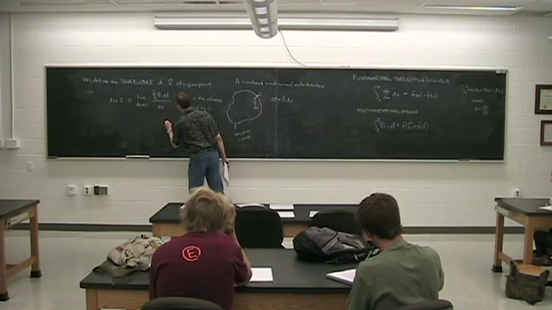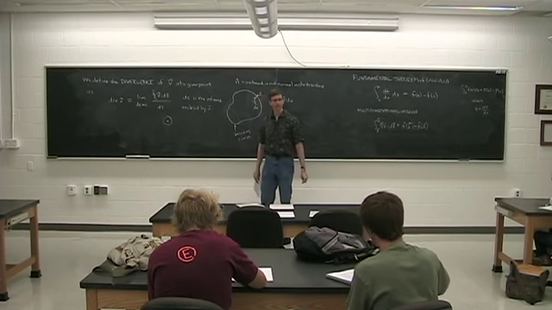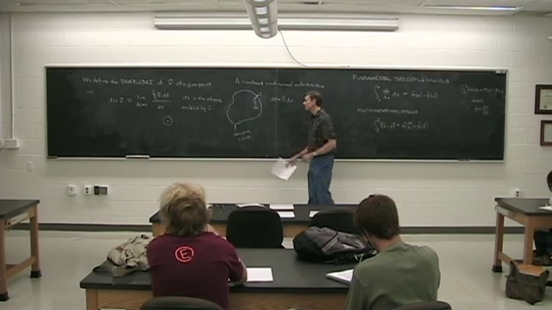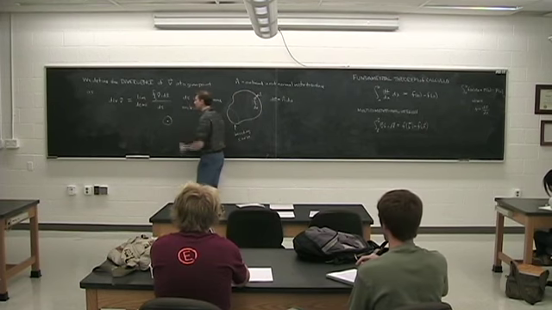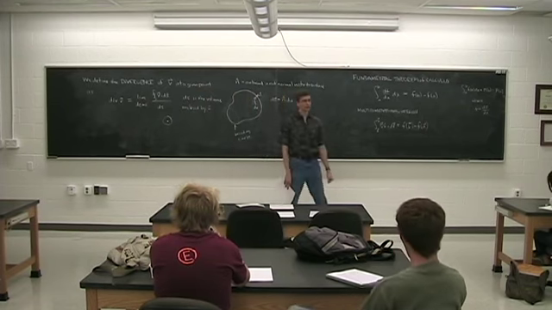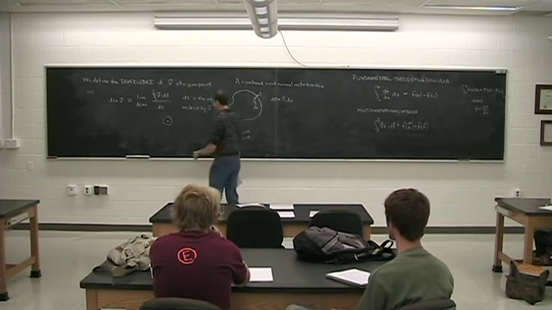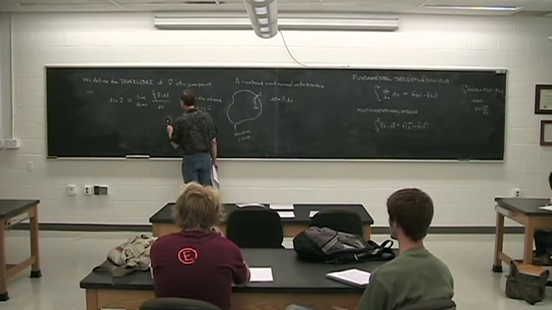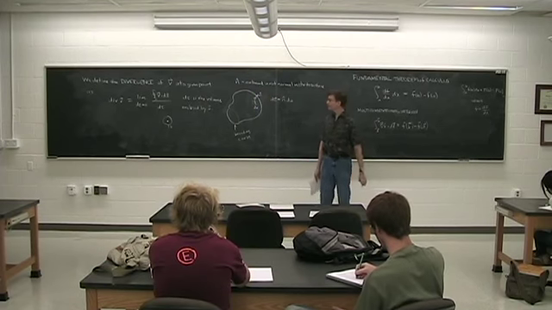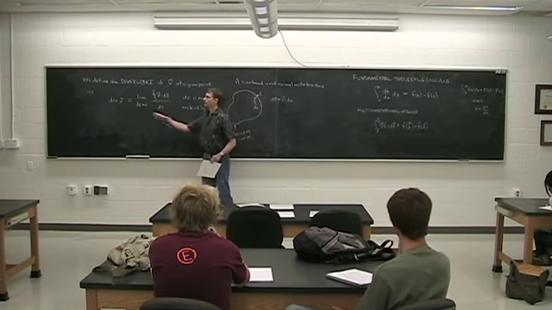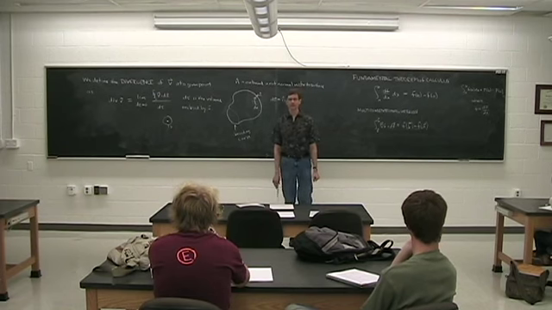So here's a point, and we surround that point with some little surface, and there's a vector field defined in space here. We can talk about the flux of that vector field through this surface, add up all the little V dot dAs at each point on the surface, and then divide by the volume enclosed by the surface, d tau. If this limit exists, we call that the divergence of V. Is the divergence of V a vector or a scalar?